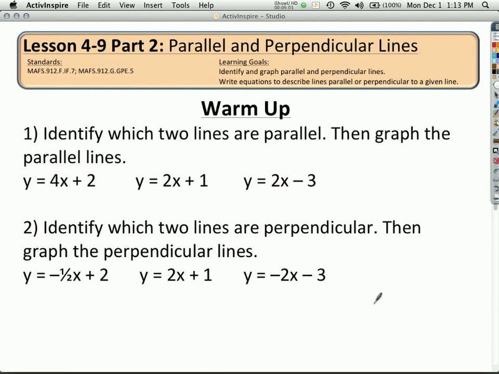I got student number 1, 9, and 20. Student number 1, what'd you get? Y equals 2x plus 1 and y equals 2x minus 3 are parallel. Okay, number 9, what did you get?